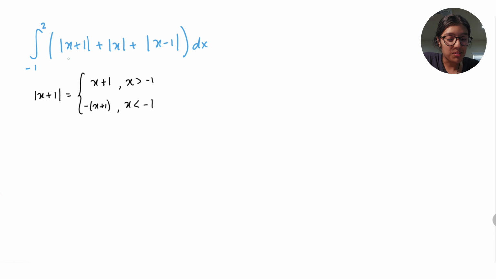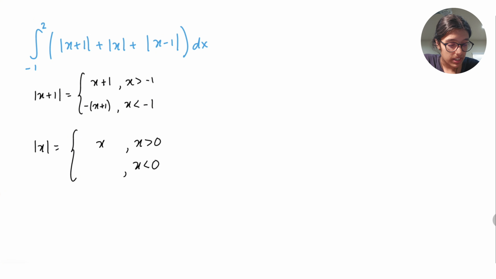Now that was only this part right over here. We do have to do the other two absolute value functions. Let's start with x. Our domains are going to be x greater than 0 and x less than 0, and our expressions are going to be x and -x respectively. You can once again check this by substituting values greater than 0 and less than 0.